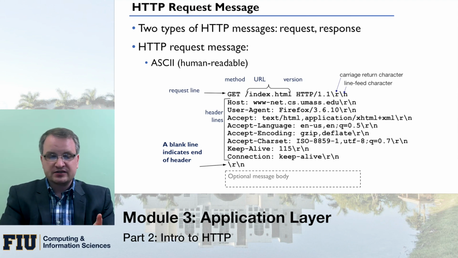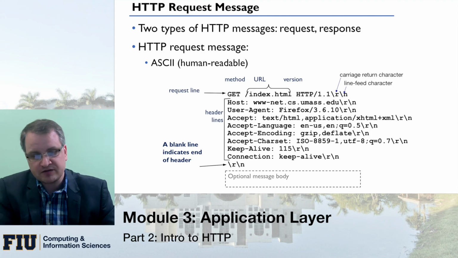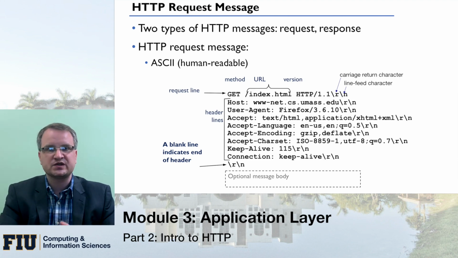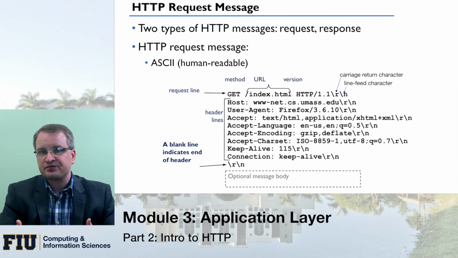The rest of the headers, if you look at what the actual browser is sending, you probably see a much bigger picture, and I think I put an example of some web page that I was playing with. Some of the information is about the user agent, and some information is voluntary, like this user agent thing. Some information is related to what kind of encoding I would like to accept.